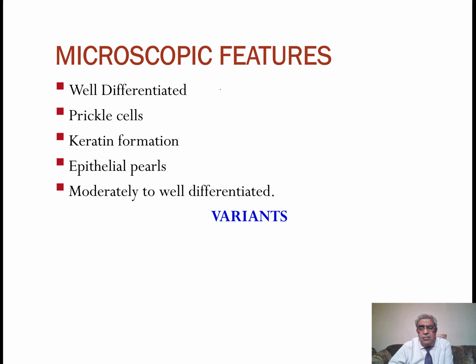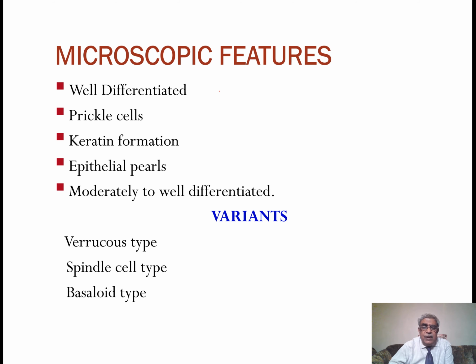Variants, please remember one or two variants, very important. Maybe verrucous type, basaloid type, spindle cell type. These are the common variants, that is verrucous, spindle, and basaloid type.